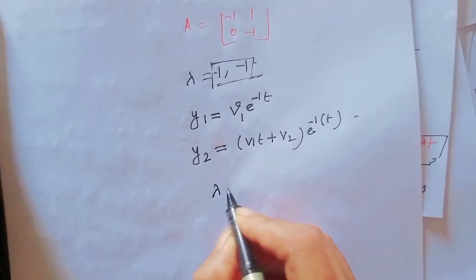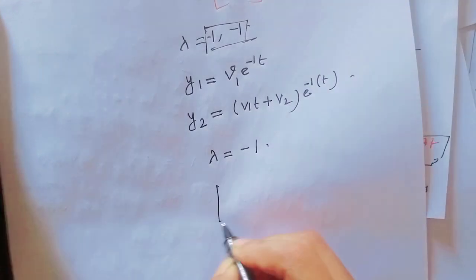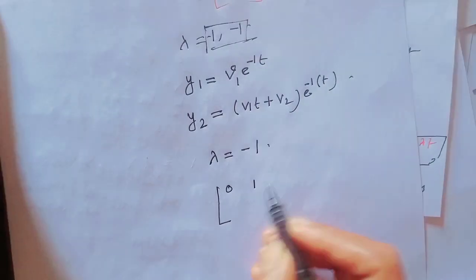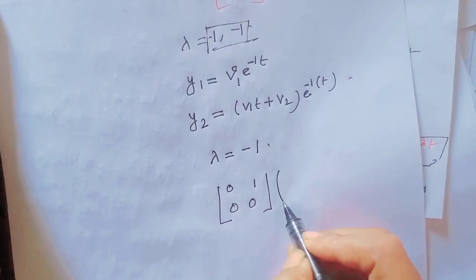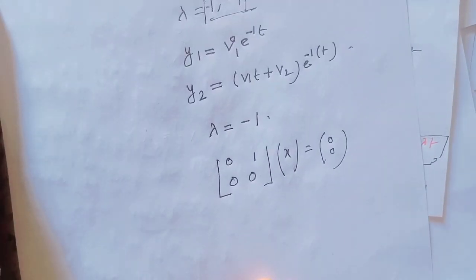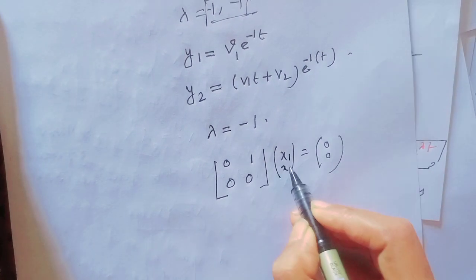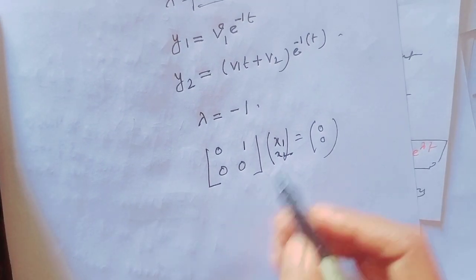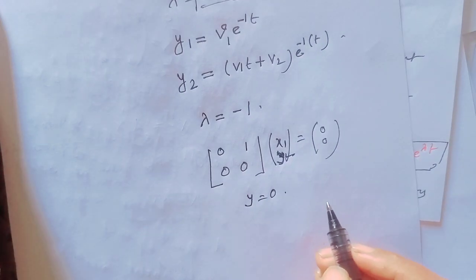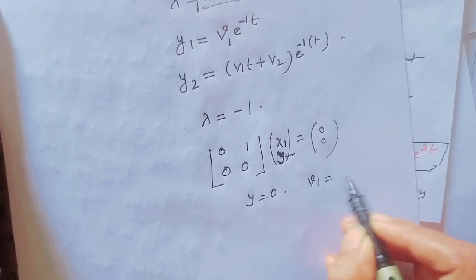So for the eigenvalue lambda equal to minus 1, the corresponding eigenvector would be [0 1; 0 0] times [x y] equal to 0. That means here y equal to 0 and x is arbitrary, so v1 equal to [1, 0].